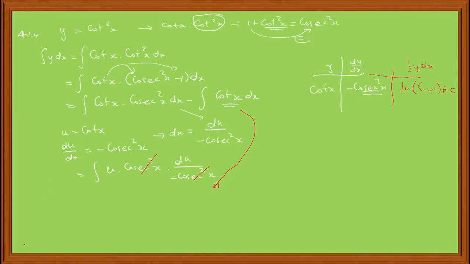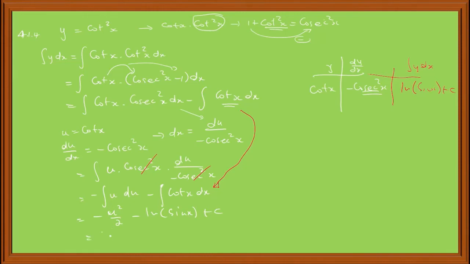So we have minus integral of u du minus integral of cot x dx, which is the same as minus u squared over 2 minus the ln of sine x plus c.